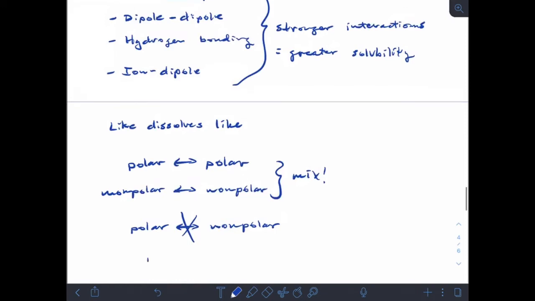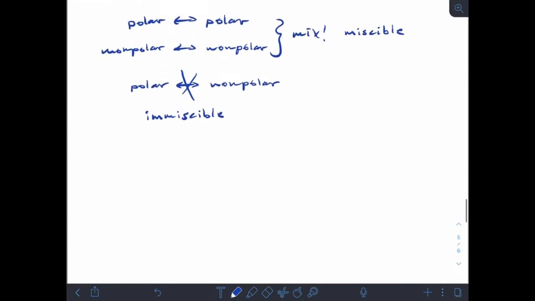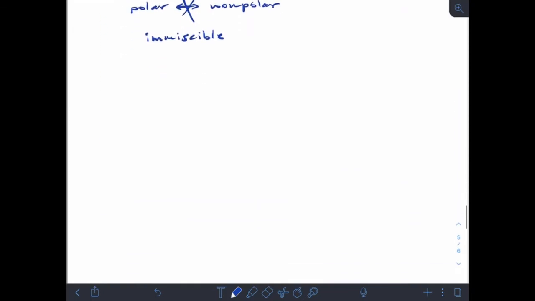We call these situations immiscible. If they mix, we say that things are miscible. If they don't mix, we say immiscible. So let's take a look at how various types of molecules, what their solubility is in water.